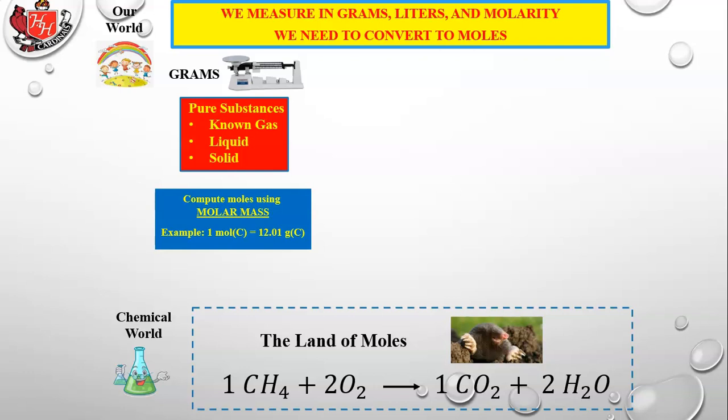That translator is called the molar mass conversion. And you kind of have to burn that phrase, molar mass, into your memory. Molar means mole, and mass means grams. The mass is measured in grams. So molar mass means you're converting from grams to moles or from moles to grams. And so that's our translator. You can think of it as grams is the Spanish language and moles is the English language.